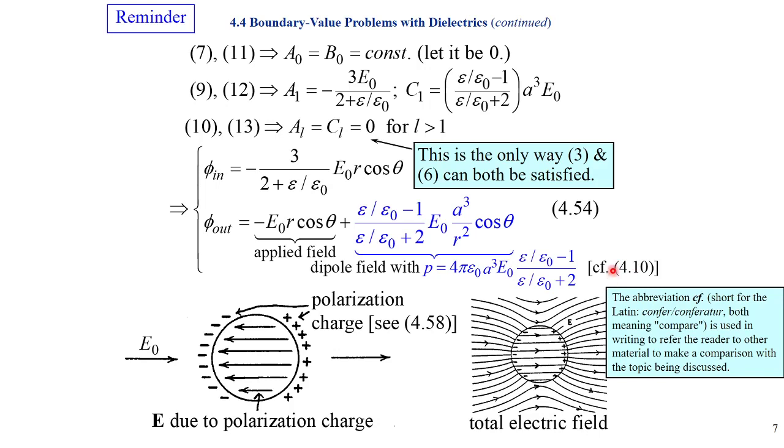We have an abbreviation, cf., that means refer the reader to other materials to make a comparison with the topic being discussed. So you can compare equation 4.10 with this one, equation 4.54. Just a comparison. And then by comparison, you know the electric dipole will be this one.